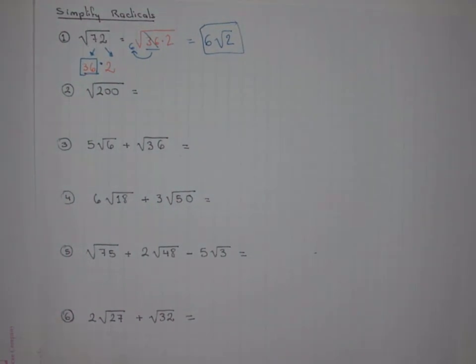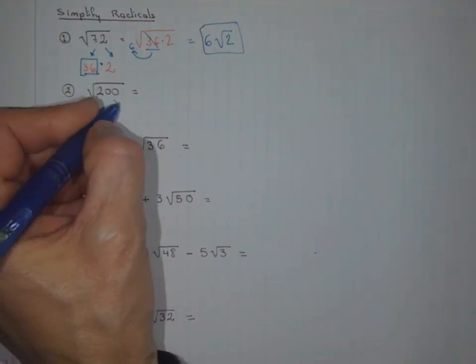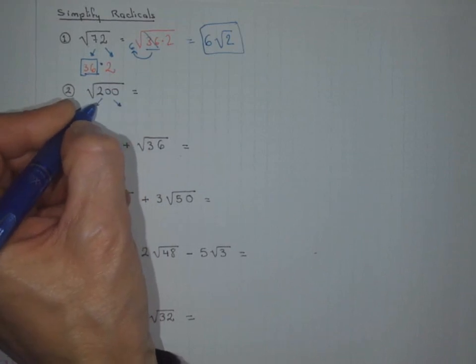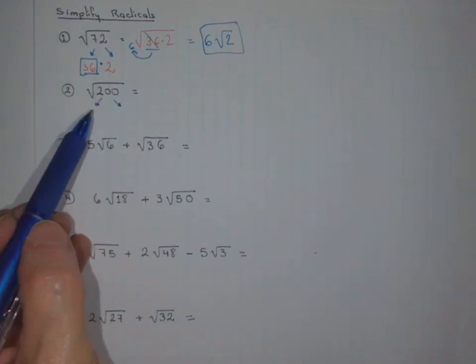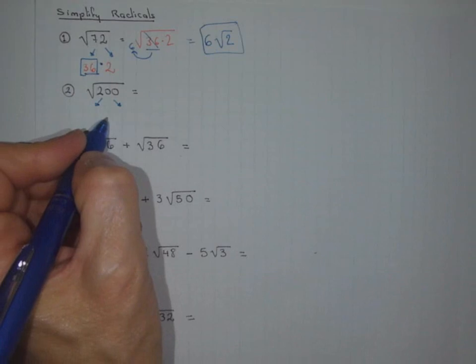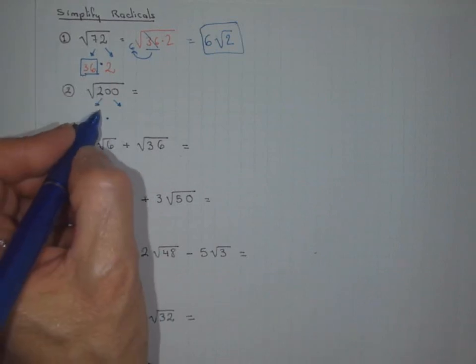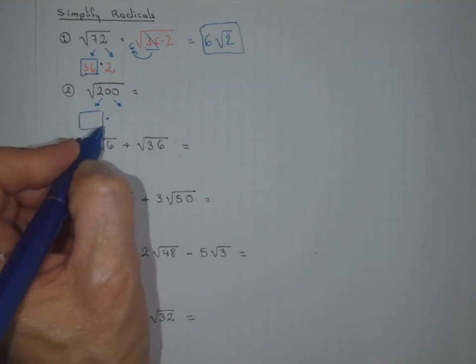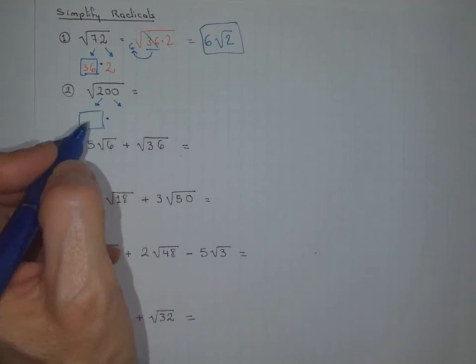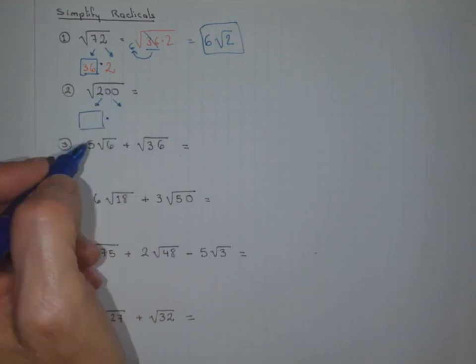Let's do that whole process again and talk it through one more time. We are going to look for two numbers that we're going to multiply, and one of them has to be a perfect square. So what times what would give me 200?